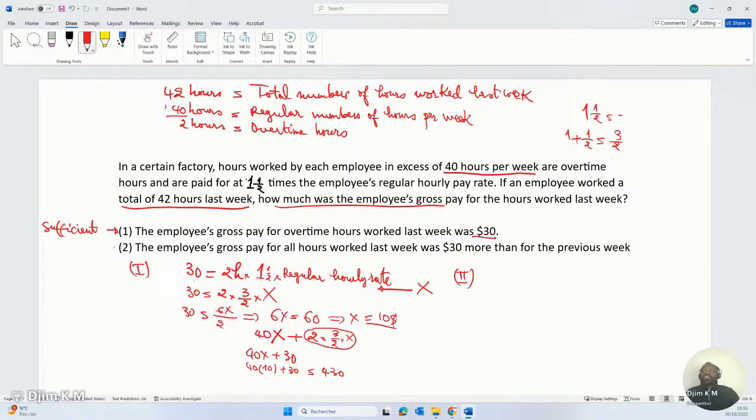So this is not sufficient, clearly, because we don't have the value from the previous week. In the prompt, we only have the number of hours worked and how much it should be for the overtime, and we have the total value, but we don't know the gross pay from the previous week. So the second condition is not sufficient.